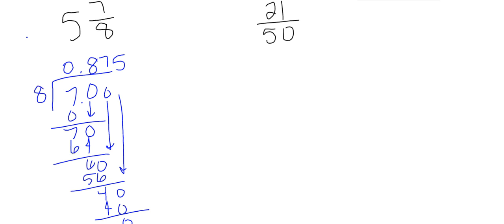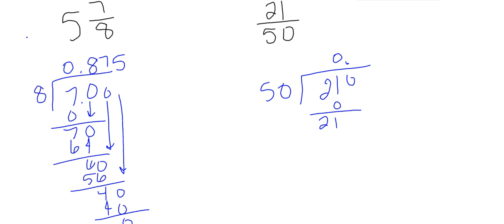Okay, you're going to have the numerator inside, the denominator on the outside. How many times can 50 go into 21? It can't, so 0 and a dot. 0, so I have 210. I'm going to bring down a 0, so 210. 50 goes into 210 4 times, which is just 200.